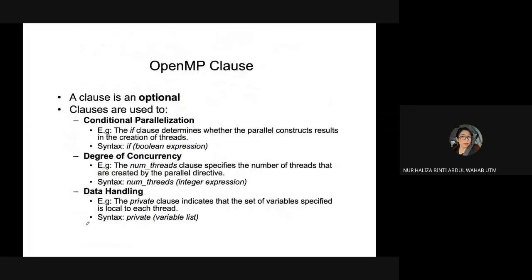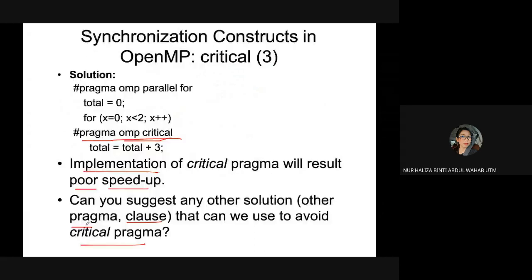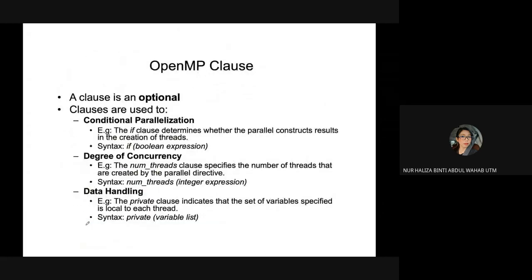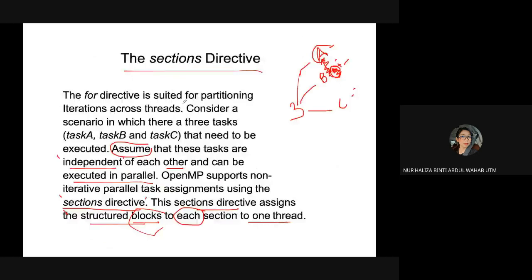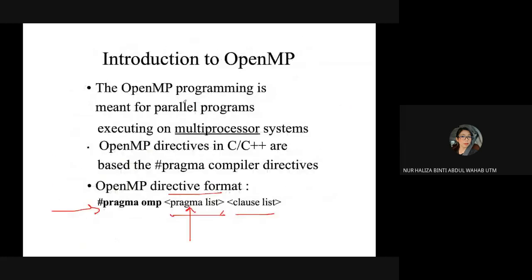And after this, you're going to see OpenMP clauses. Clauses are optional, whether you have them or not. Back to the starting point, you can see over here pragma omp, which is followed by your clause list.